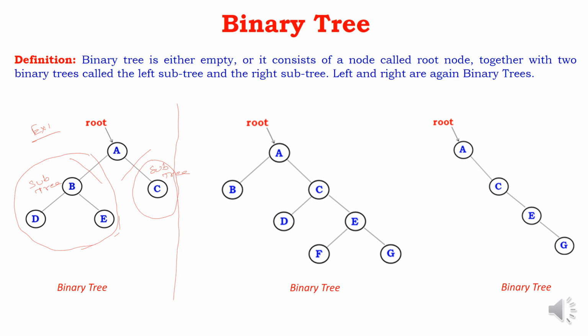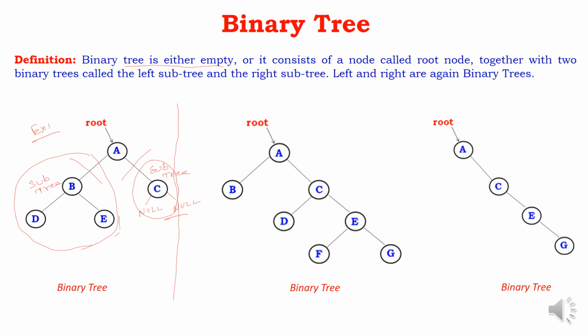In the same fashion, C is the root for the subtree, and left of C is null, right of C is null, where the definition is: a binary tree is either empty or it consists of a node called the root node. So it is a root node, on the left side it is a subtree, it may be null. Right side it may be a binary tree or it may be null. So even null you can consider as a binary tree.